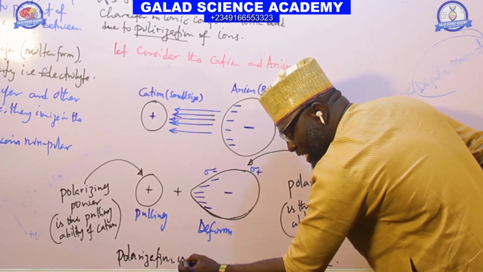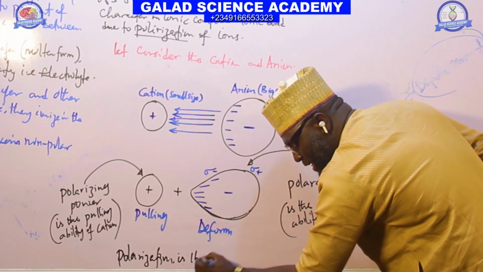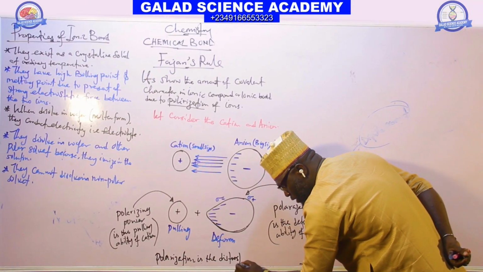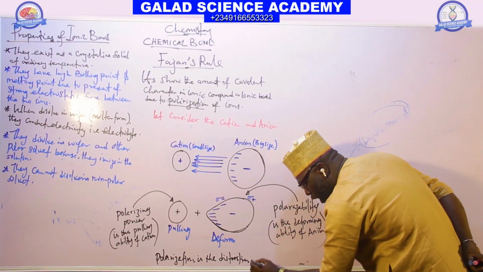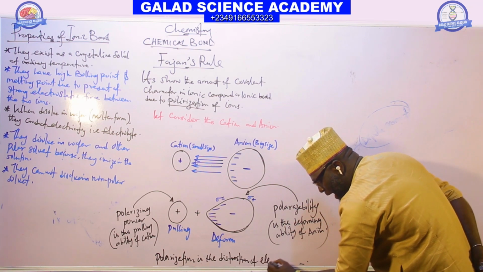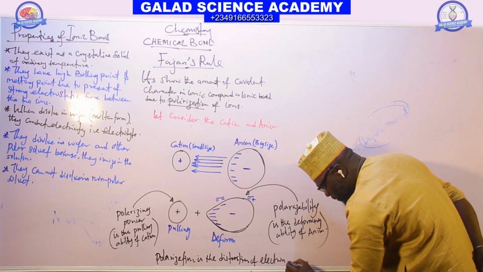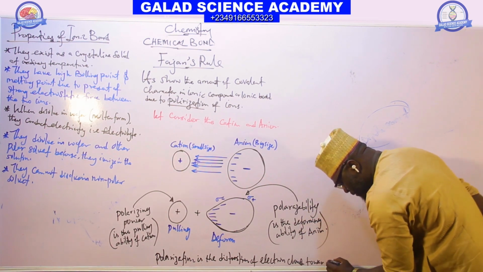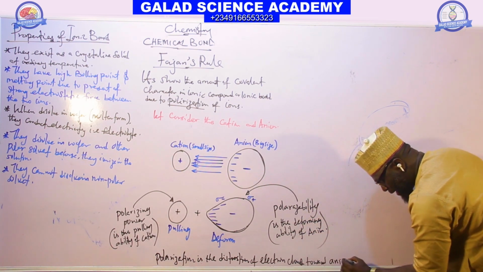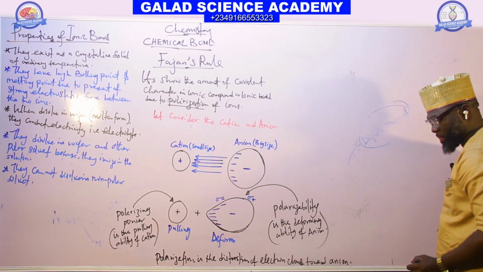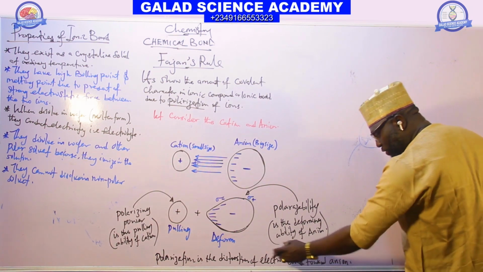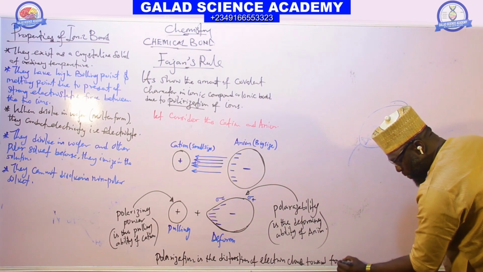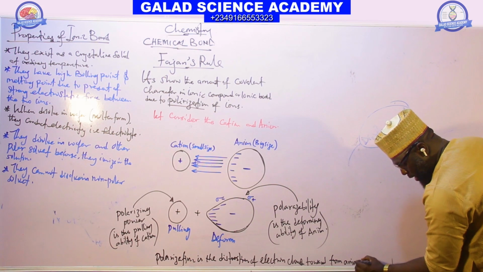Polarization is the distortion of the electron cloud of an anion.